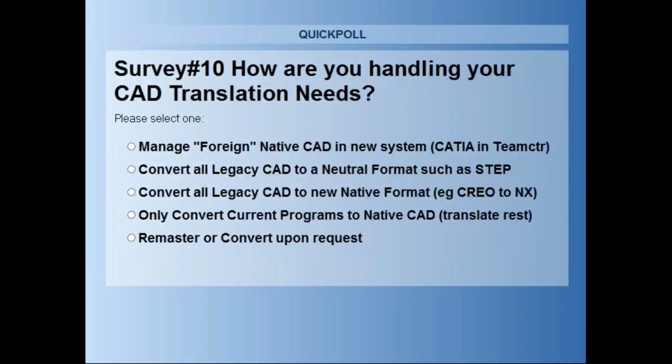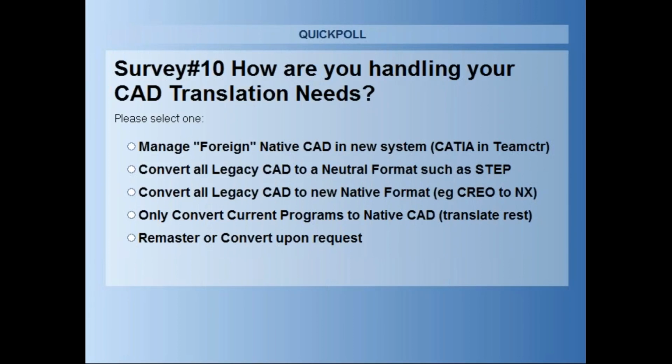I've got one last question here, and that is relating to CAD translation. So for the most part, what we've been talking about in our migration processes have been PLM data, metadata, reference data, native CAD data. But as you think of dumping an old system and moving into a new system, how are you thinking about handling those, I'm going to say, translation needs?